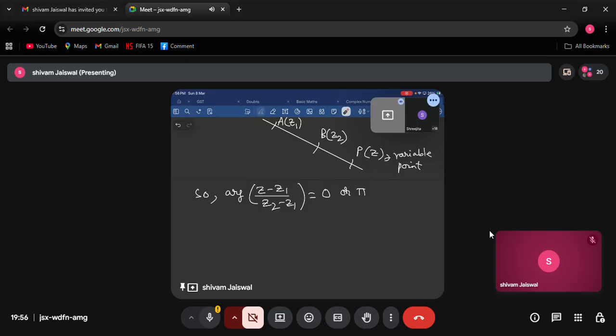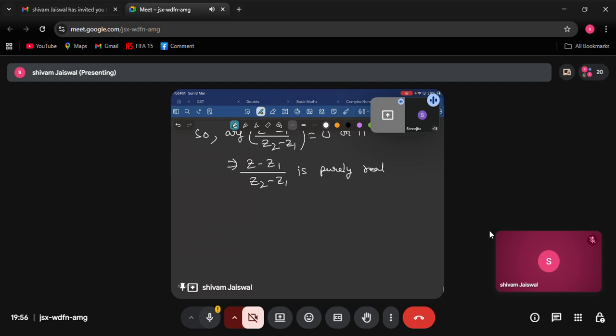This implies Z minus Z1 upon Z2 minus Z1 is purely real. If a complex number is purely real, then it will be equal to its conjugate, right? This implies Z minus Z1 upon Z2 minus Z1 is equal to the whole thing with bar.